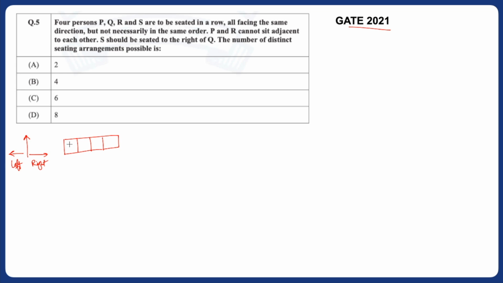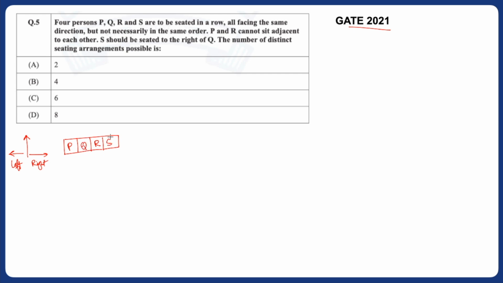If I start putting P and R, let's say I don't want P and R to be seated adjacent to each other, so I can just leave a box and make R seated here. That's how P and R are not seated adjacent to each other. And you also want S to be seated to the right of Q. So if Q is here, then S should be here.